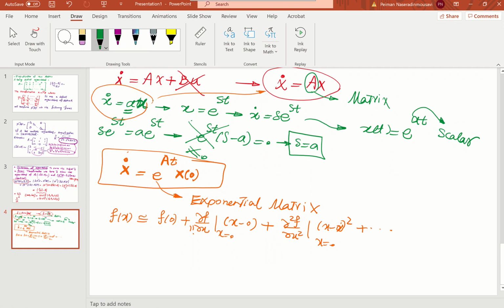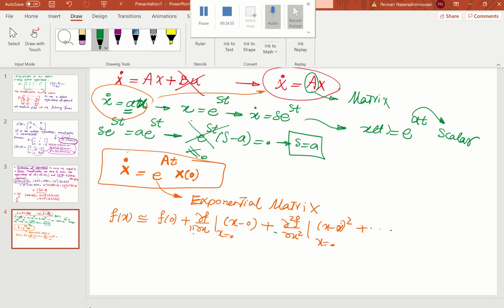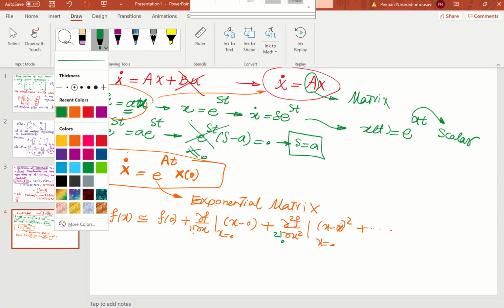Yes, and you have 2 factorial here. Forgot to do that. That's right.